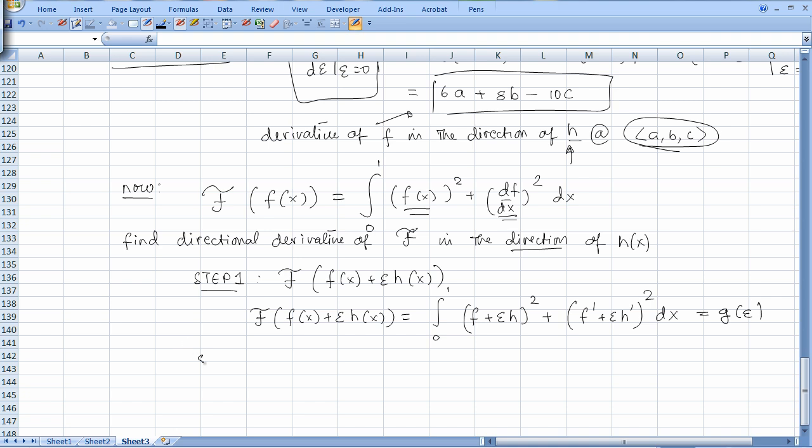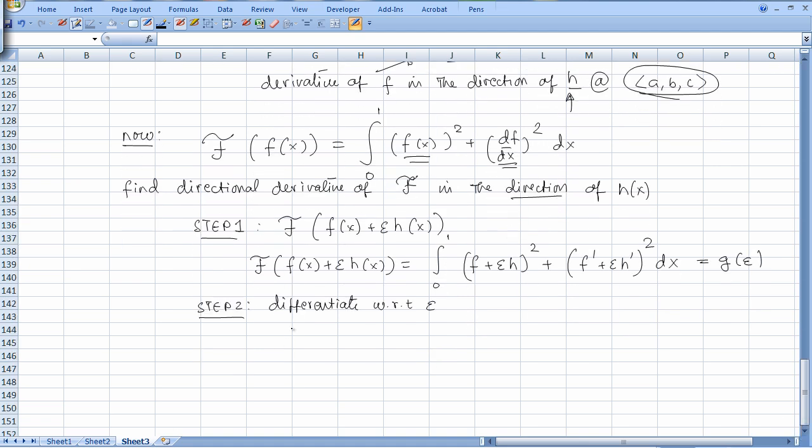So step 2, differentiate with respect to epsilon. That's easy. d d epsilon of the integral 0 to 1 of f plus epsilon h whole squared plus f prime plus epsilon h prime whole square dx equals, again pause, you do it, then come and see what I got.